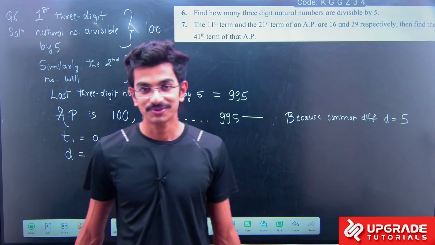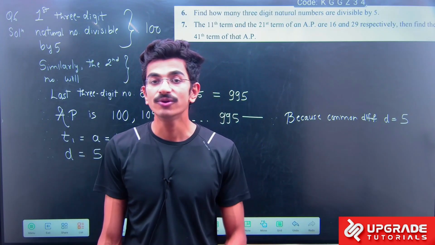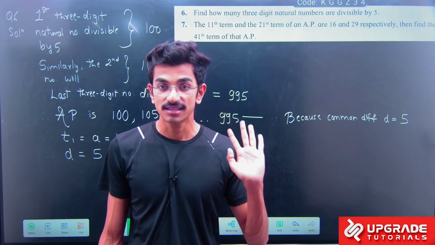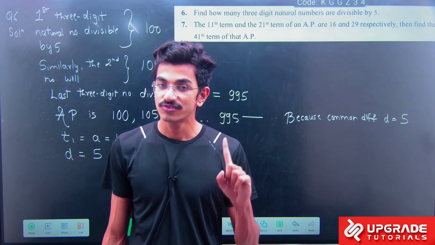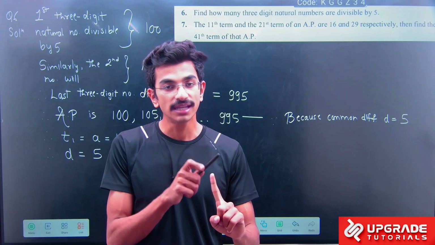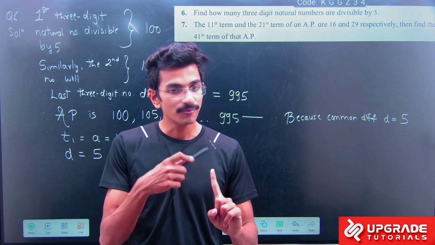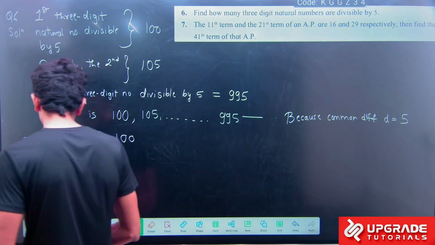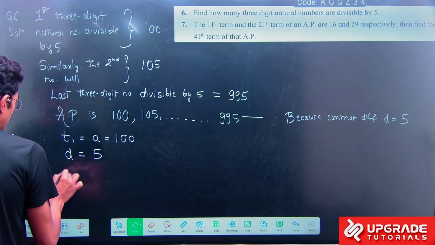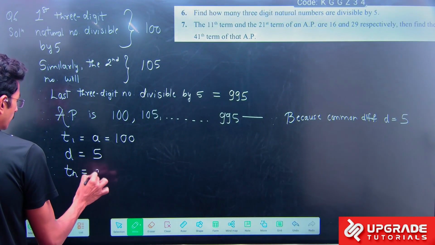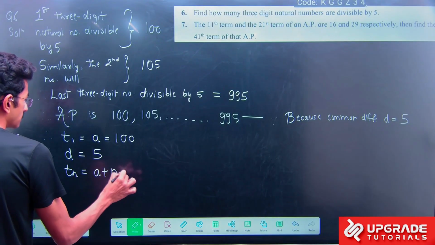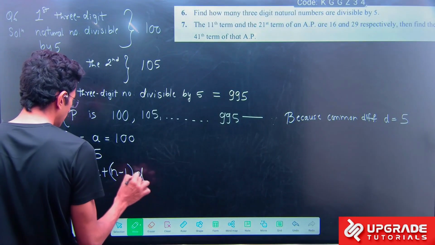How will you find out? I told you there are only 2 formulas in this whole chapter. So the first formula I have told you is for finding Tn. So we'll check by that formula. Therefore Tn is equal to A plus n minus 1 into D.